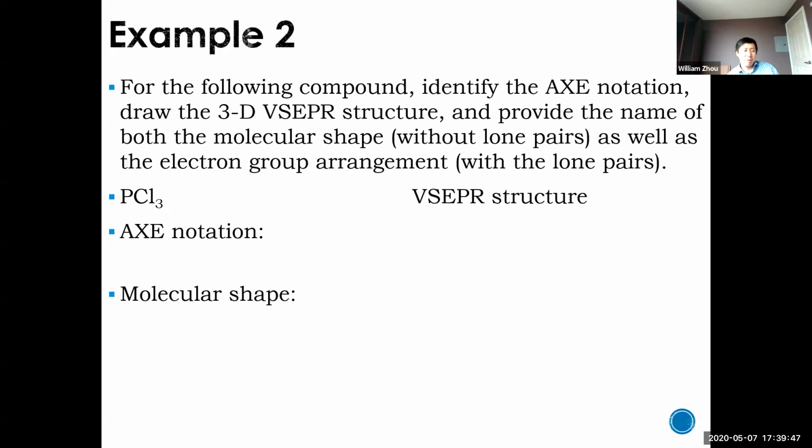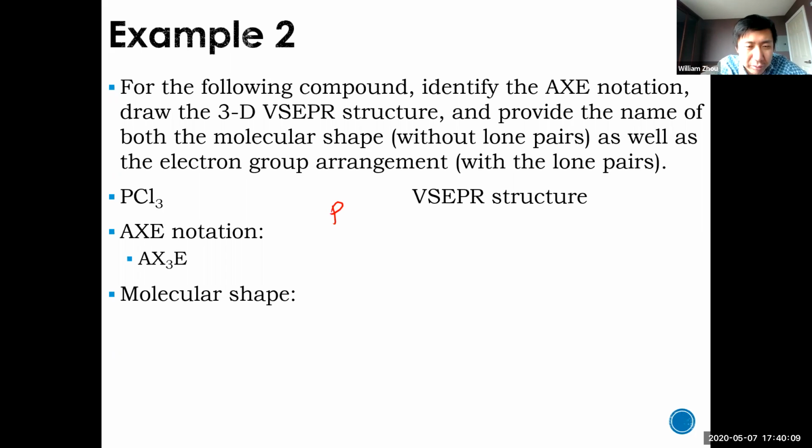The next one, PCl3. I'll do this one as well, and then I'll assign the rest of them. So for PCl3, the AX notation would be AX3E. How do I know that? Simply draw the Lewis diagram, okay? And if you don't know what the Lewis diagram looks like, let me just draw that real quick.